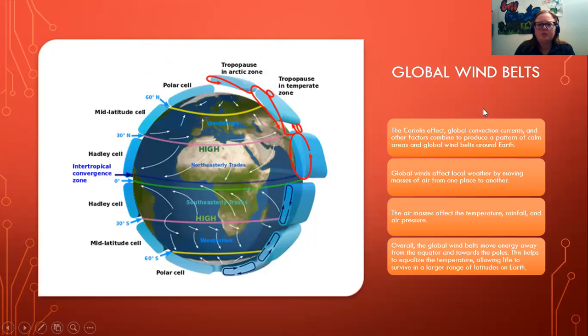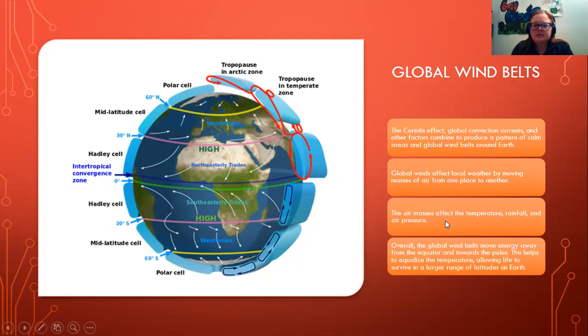Okay, the global wind belt. The Coriolis effect, global convection currents, and other factors combine to produce a pattern of calm areas and global wind belts around Earth. Global winds affect local weather by moving masses of air from one place to another.